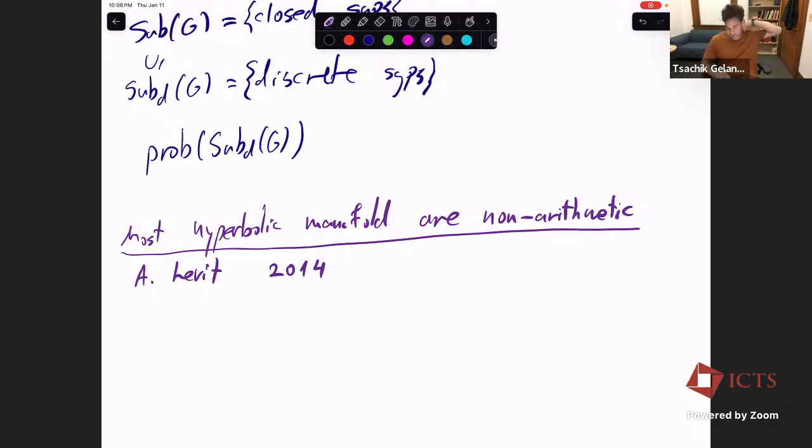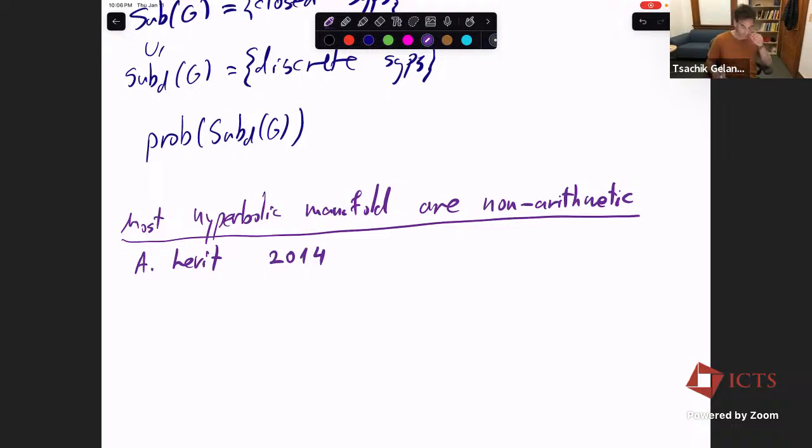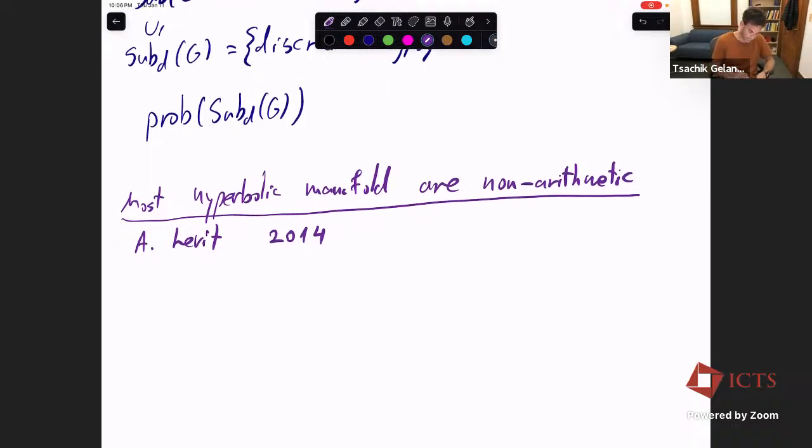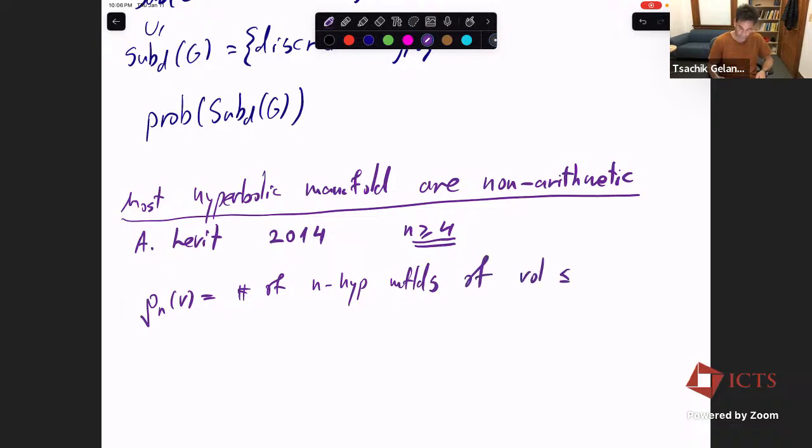And what do I mean by that? So let's denote by rho n of v, so let's take n to be an integer, at least 4, and we consider rho n of v to be the number of n-dimensional complete hyperbolic manifolds of volume at most v up to commensurability.